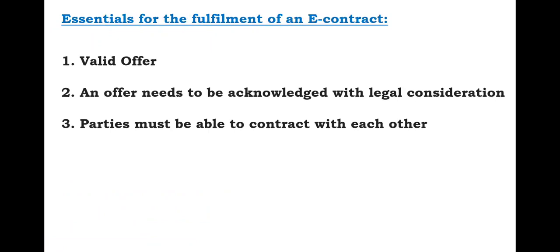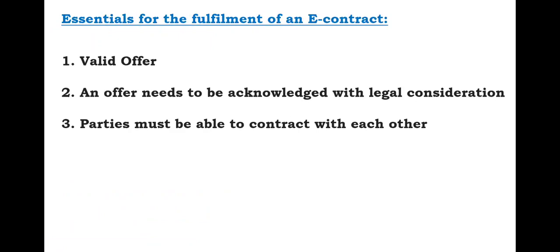I know you know very well that, right? Computers cannot enter into a contract. Instead, humans can enter into a contract electronically by using computers. So here, parties must be able to contract with each other.